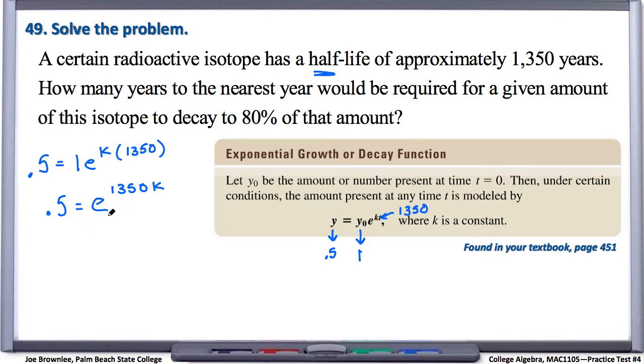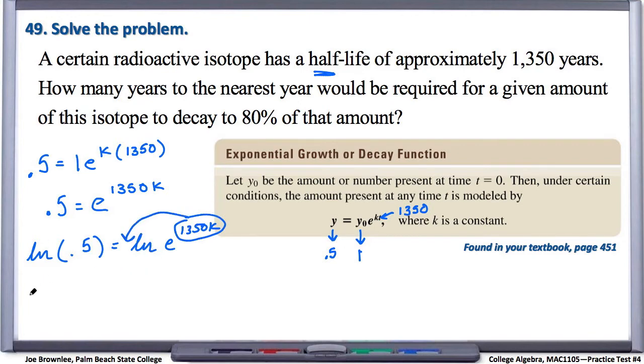Since we are working with e, Euler's number, let's take the natural log of both sides. That gives us ln e to the 1350k on the right. Because we've taken the natural log, we can pull this exponent down out front.